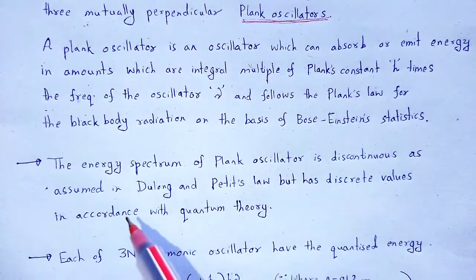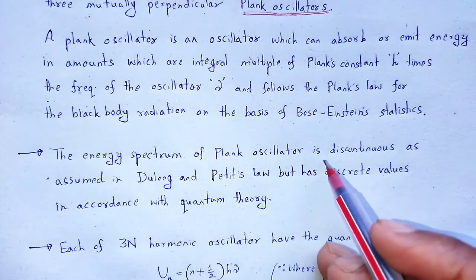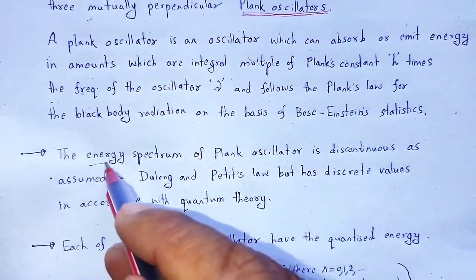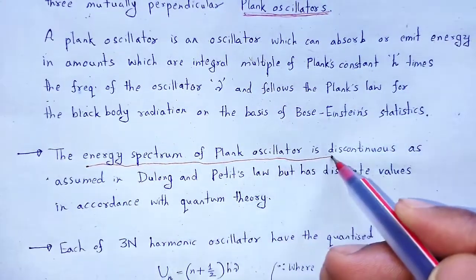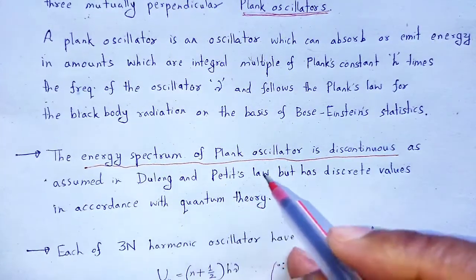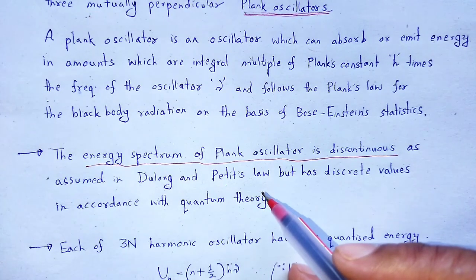Next assumption: the energy spectrum of the Planck oscillator is discontinuous. But as we assumed in the Dulong and Petit law, that energy spectrum is continuous.